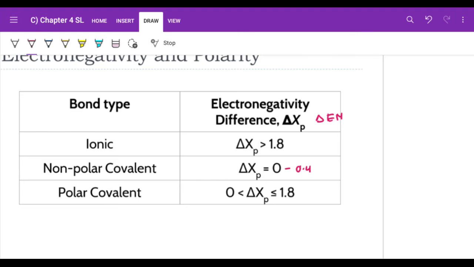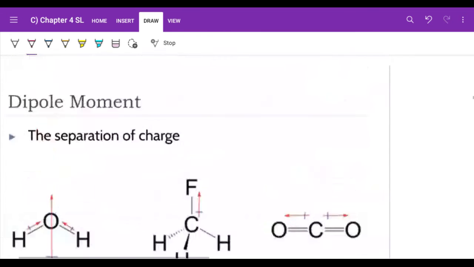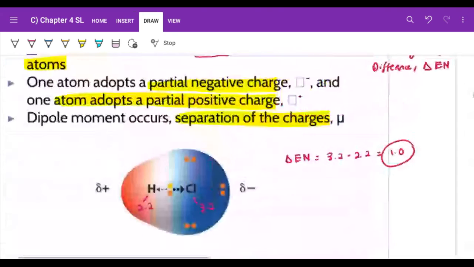If the electronegativity difference is 0.5 to 1.8, we call it polar covalent, and greater than 1.8 is ionic bond. Ionic bond. So we go back to the slide.